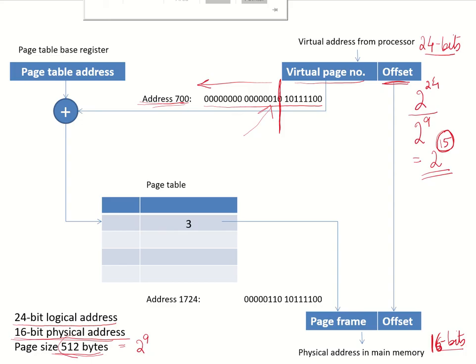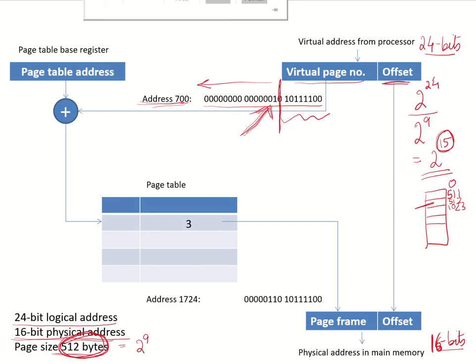If you interpret it this way also, each page consists of 512 bytes. So if these are the pages, 0 to 511 would be in page 0, 512 to 1023 would be in page 1. So 700 would also lie in page 1. This is being depicted over here by the address also.